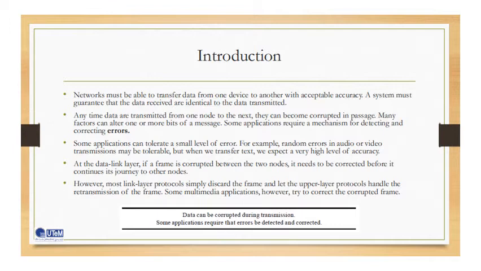The signal represents bits 0 and 1. Because of the surrounding factors, the signal might change its shape, and that implies it changes the bits as well.